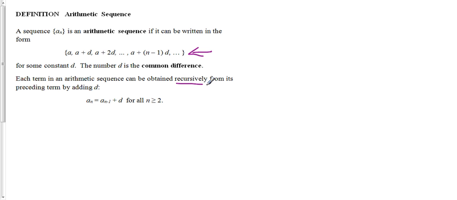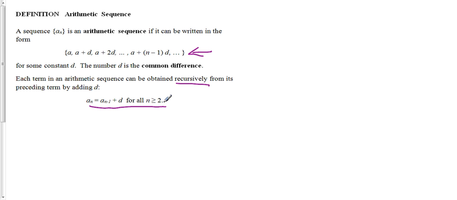Now, we've already talked about what it means to be a recursively defined sequence. That means that each term or each element depends on the one before it. That's what we've got in this formula down here, that a_n is equal to a_(n-1) + d, so a_n depends on a_(n-1).